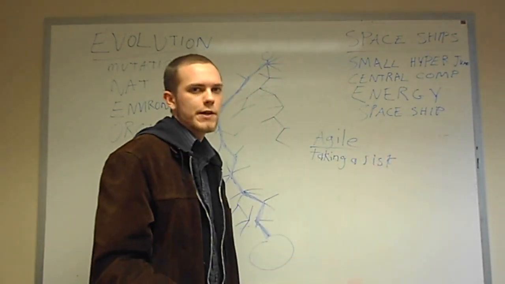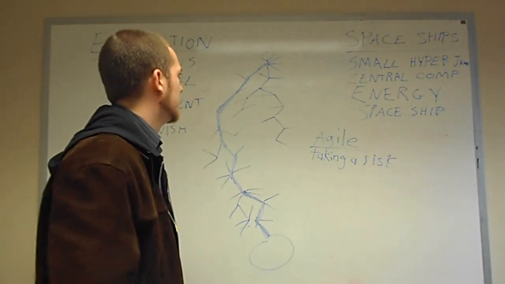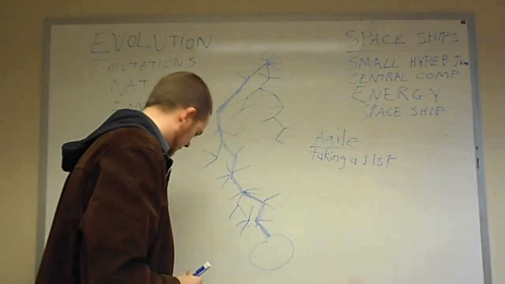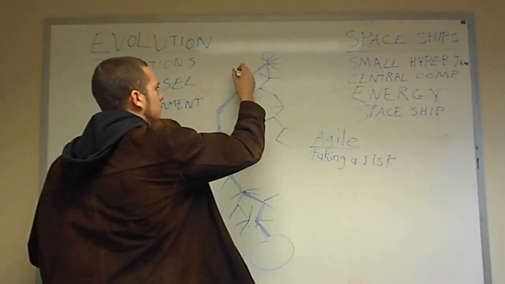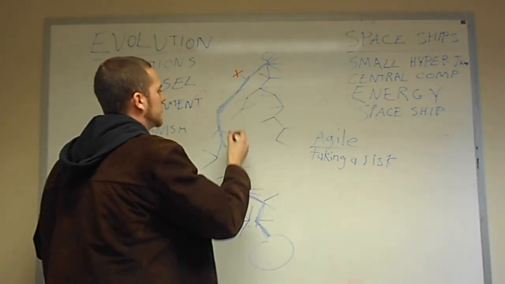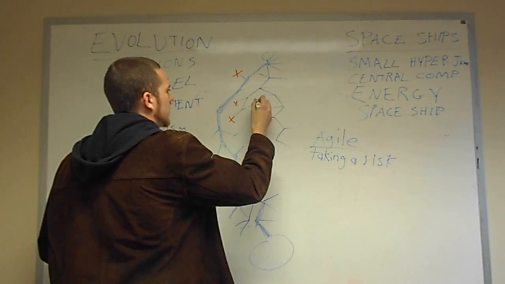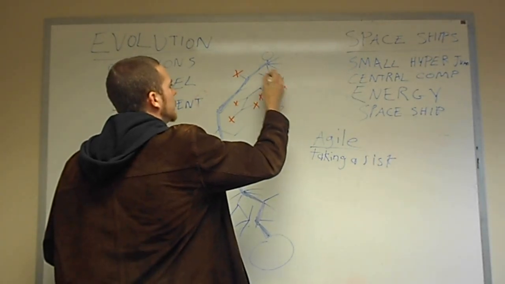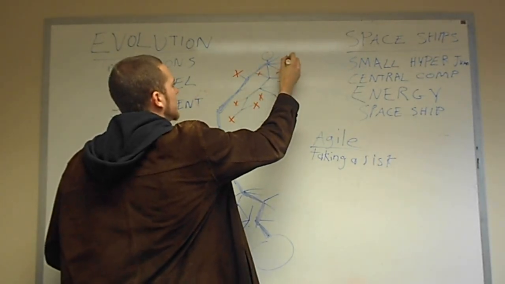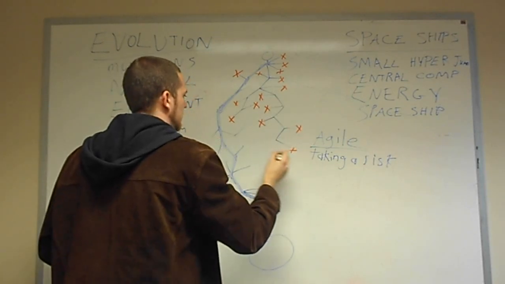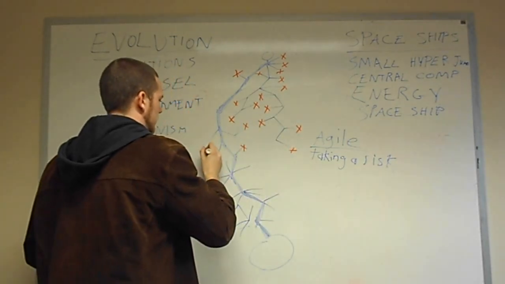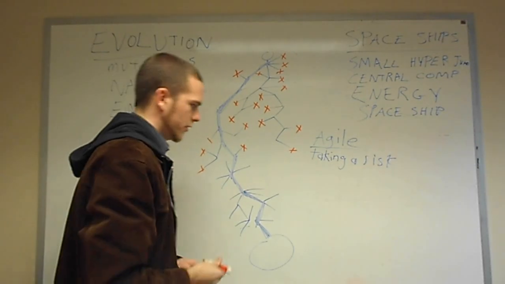Because inherently a mutation or hyperspace jump is risky. For instance, if this was an organism evolving, this one died, did not get to reproduce. These all died, did not get to reproduce and give their genes to the next generation. So it's risky. I'm not going to finish.